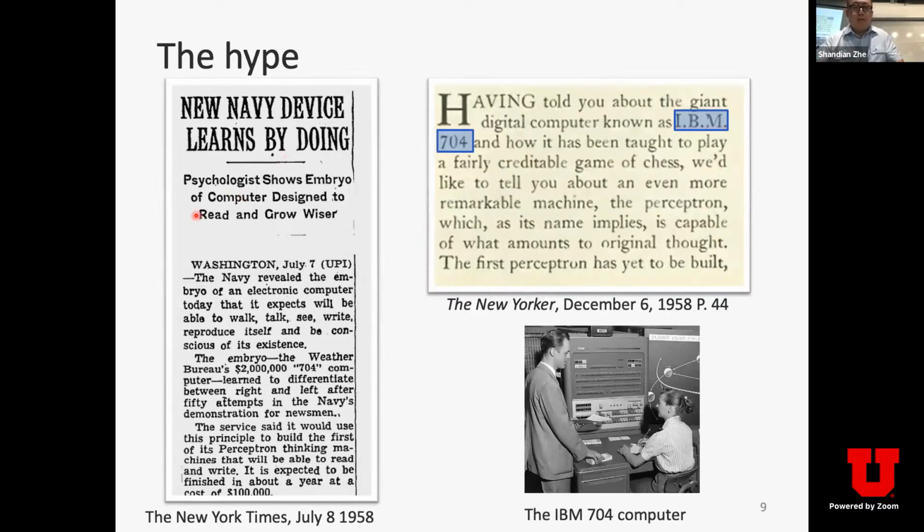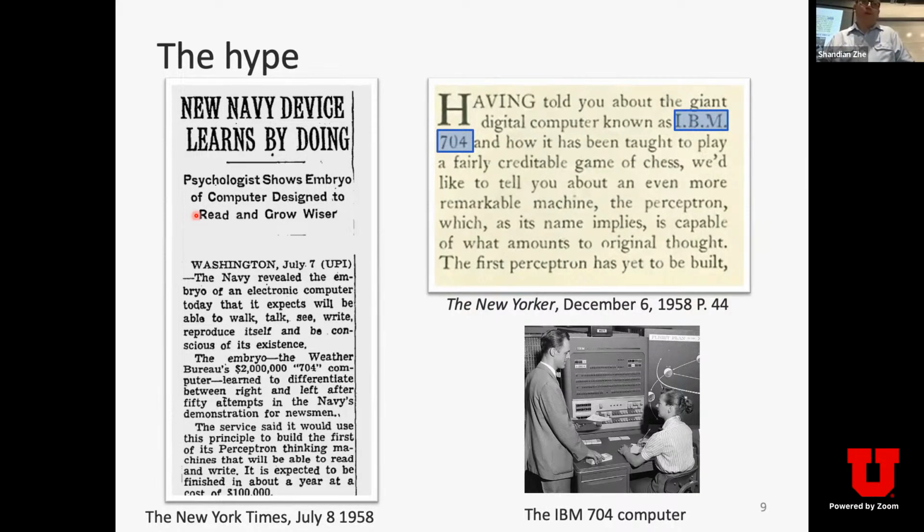Then the so-called perceptron became extremely hot in research and even in news media. These are some old newspapers showing that it looked like the perceptron would show true intelligence, and people were going to use it to replace human beings and so on.